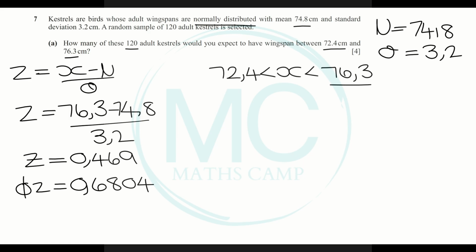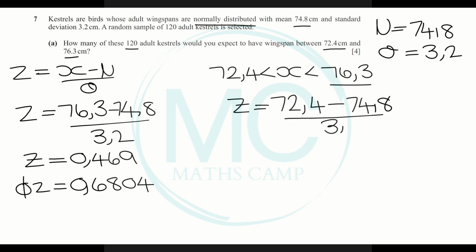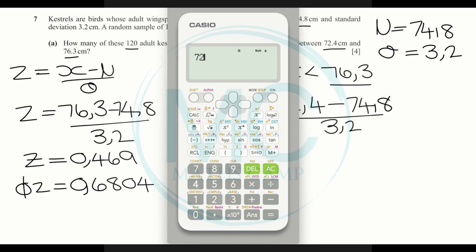So I can say Z is equal to 72,4 minus mu 74,8 over standard deviation 3,2. Take my calculator. 72,4 minus 74,8 divided by 3,2 is equal to negative 0,75.